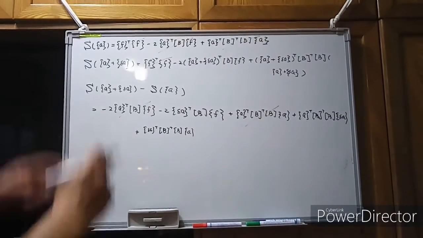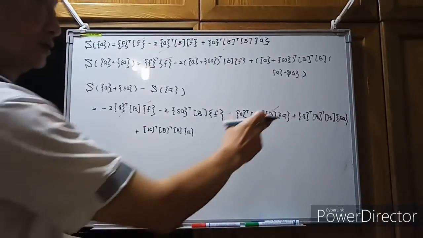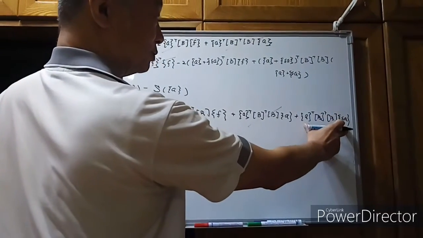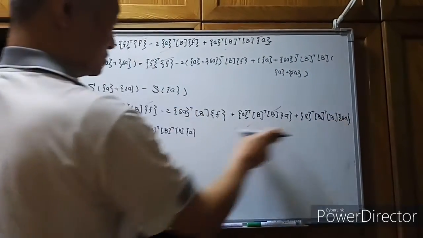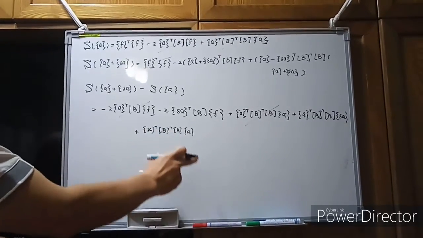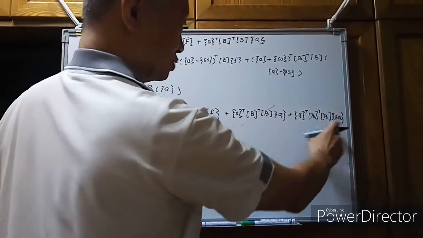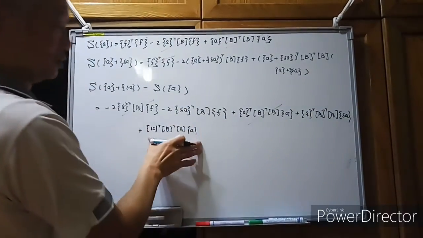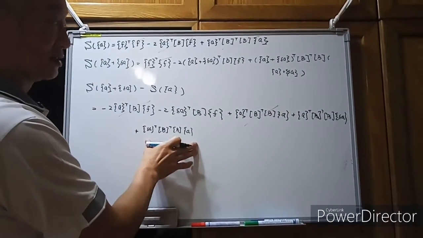Also remember, in the last hour, this term is a 1 by 1 matrix, this one is another 1 by 1 matrix, and you can prove the transpose of this one is exactly the same as this.